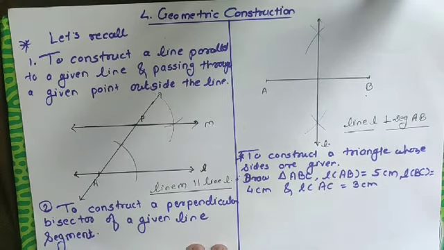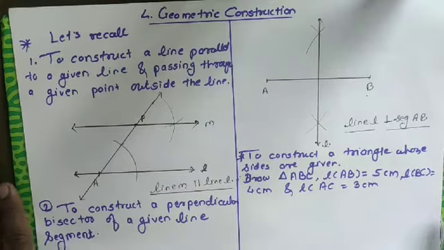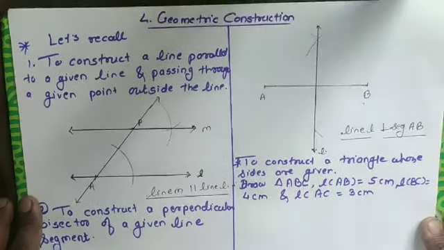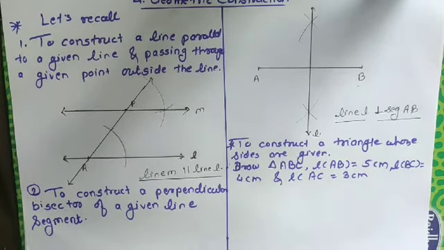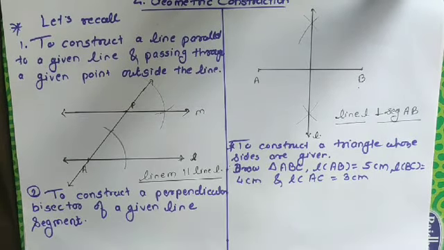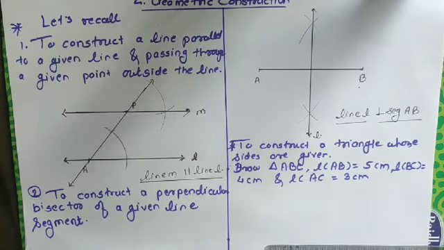I have to do this construction. So I will draw the line segment AB at first, whose measure is greater. Here it is the scale. Draw a 5 centimeter segment, so 1, 2, 3, 4, 5 centimeter.